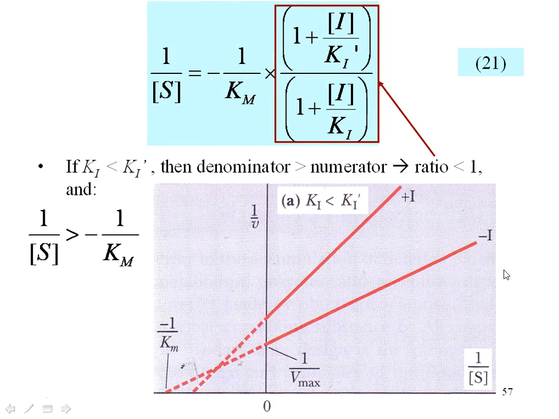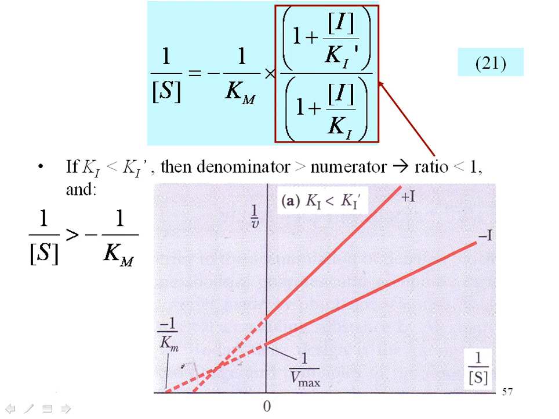Now the Ki or Ki prime, they indicate the affinity of the inhibitor to the enzyme or the enzyme substrate complex. So the higher the Ki means the lower the affinity is. In other words, the complex dissociates more readily at equilibrium.